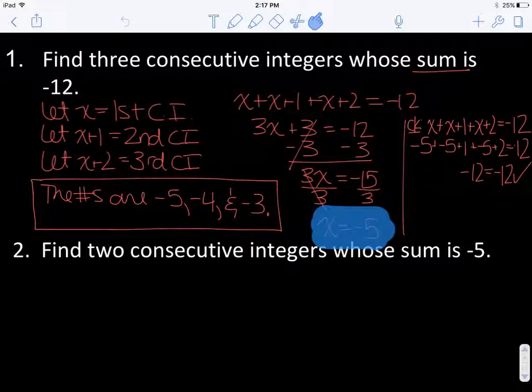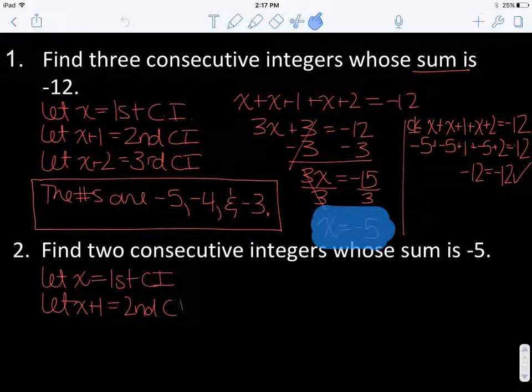Let's try the second one. Find two consecutive integers whose sum is -5. Again, similarly here, we are going to let x equal our first consecutive integer and let x plus 1 equal our second consecutive integer. Our equation, again, the sum.